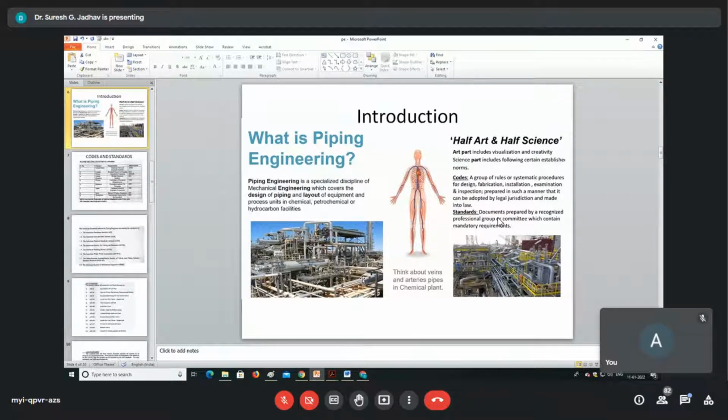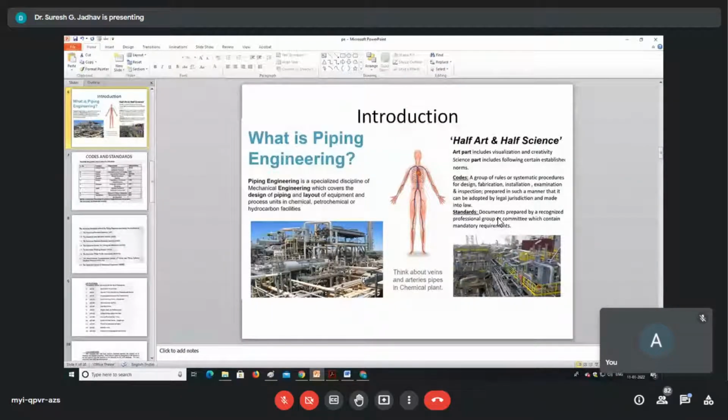Some receive certifications after attending a piping course. Maybe long-term or short-term piping courses are there, so we can acquire the certificates. Others work in related fields, such as construction, before making the transition to piping engineer.